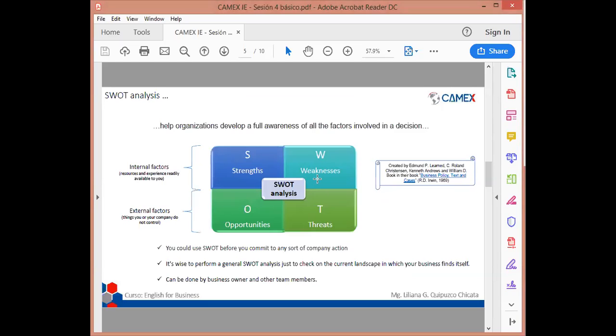Okay, now remember that you could use a SWOT analysis. You can make a SWOT analysis before you're going to make any action or decision.